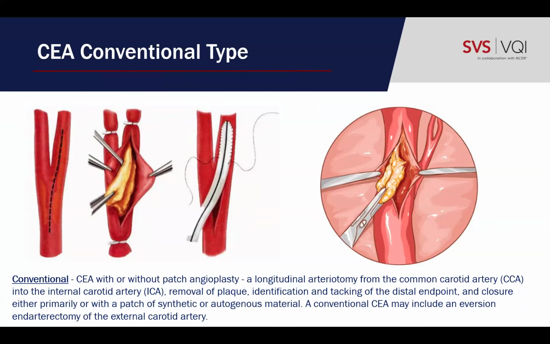This is where there is a longitudinal incision, or arteriotomy, within the carotid artery itself, and it typically goes from the common carotid into the internal carotid. By opening up that incision, you can identify the plaque, remove the plaque, and then typically at the end, as you can see in the third image from the left, a patch is placed over the incision, and the entire incision is closed.